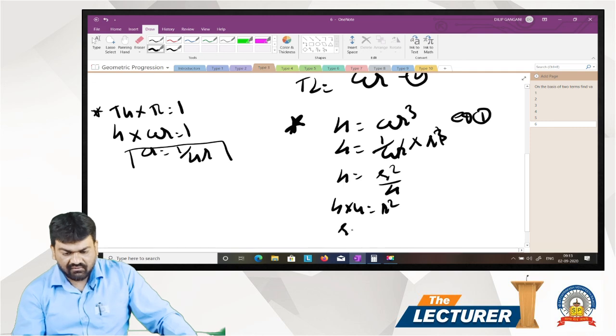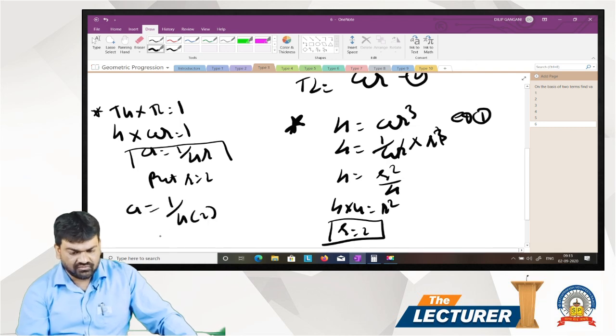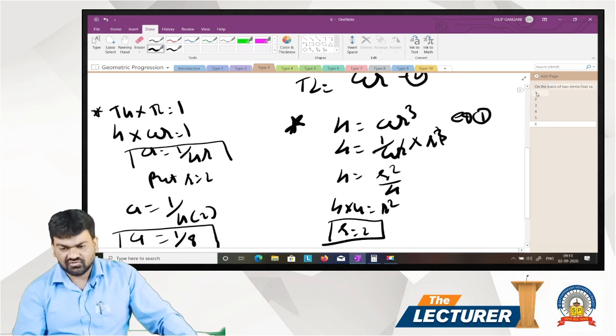So R is equal to 2. Put R is equal to 2. A is equal to 1 by 4 multiplied by 2, 1 by 8. A is equal to 1 by 8, R is equal to 2.